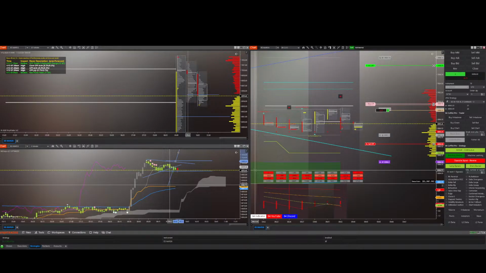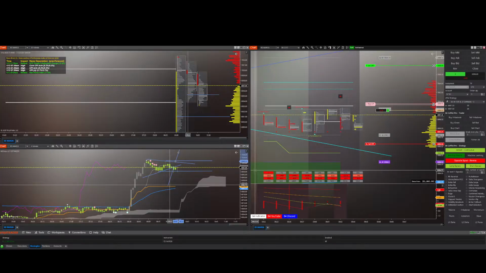My automatic P pattern that I've built, it's loading the trade to the short side.